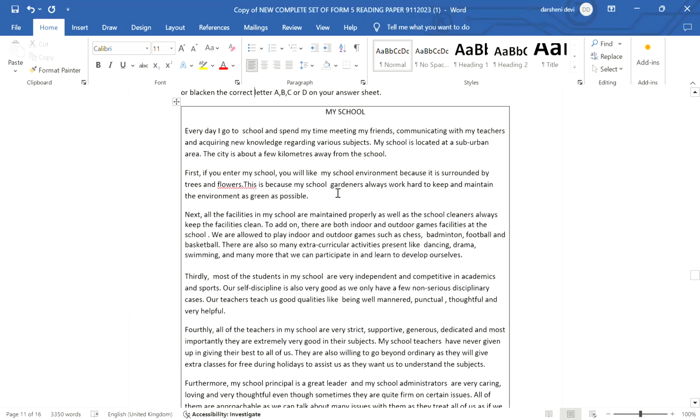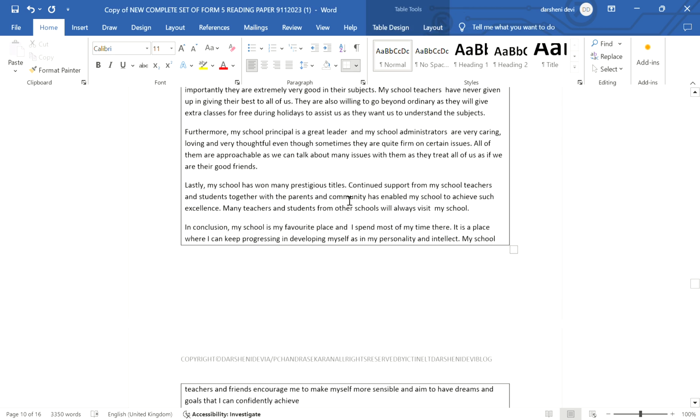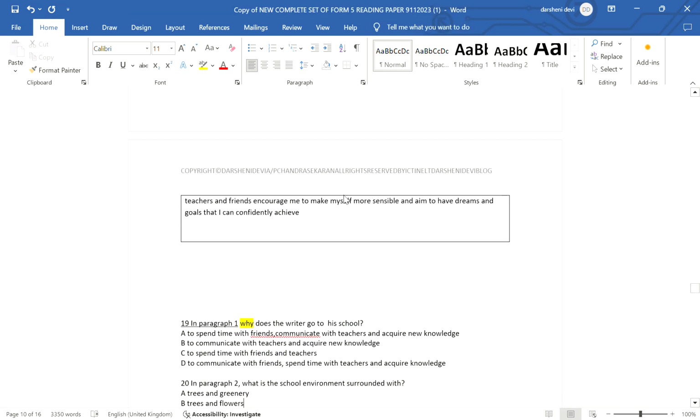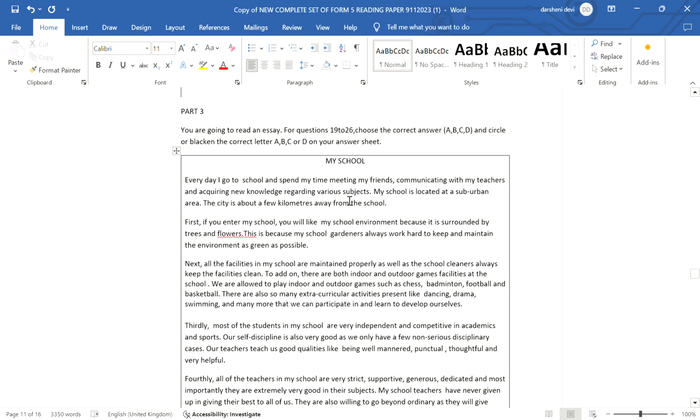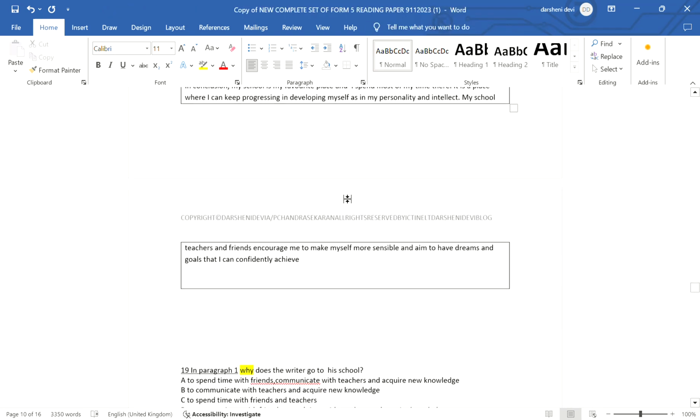So directly go to paragraph 1. Then you can see: meeting my friends, communicating with my teachers, and acquiring knowledge regarding various subjects. So you see all these keywords are there. So the answer is meeting friends, communicating with teachers, and acquiring knowledge.